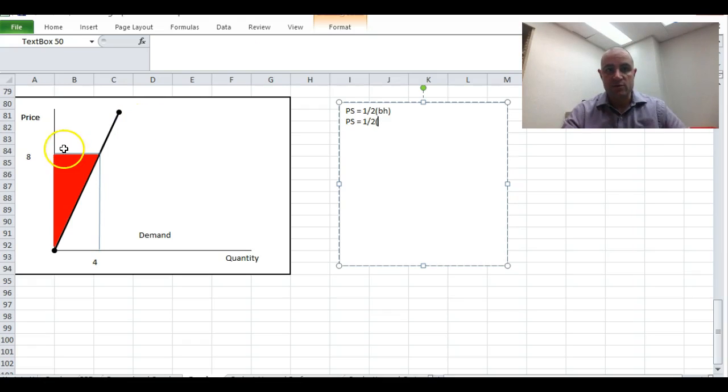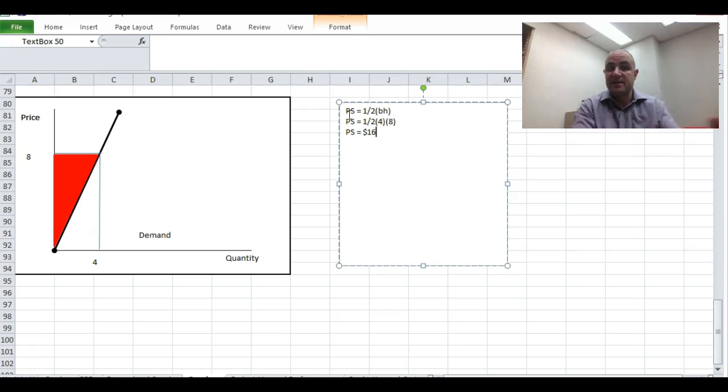Our base goes from a quantity of 0 to 4. Our height goes from 0 up to 8. 4 times 8 is 32, times 1/2. Our producer surplus here is $16.